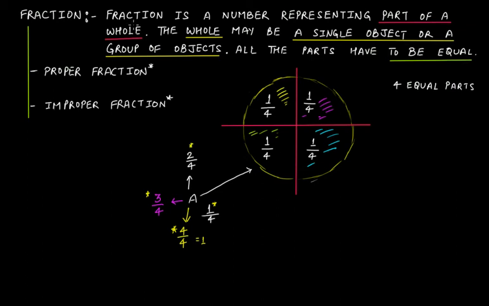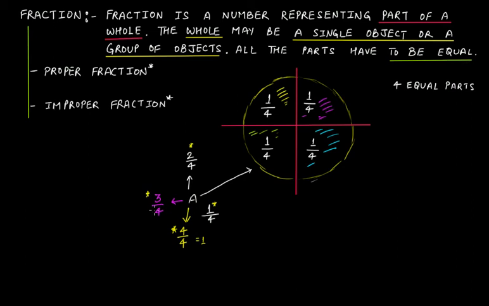So go back to the definition. Fraction is a number representing part of a whole. It means 1 by 4 means the person is having only one part of that total division. This 2 by 4 is a fraction telling the person has 2 parts out of 4.